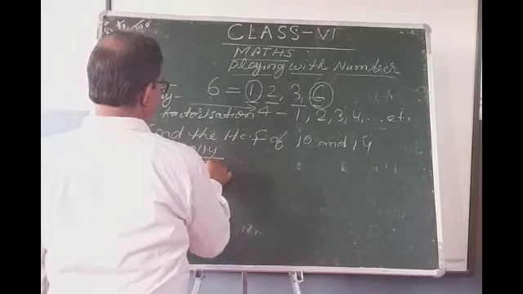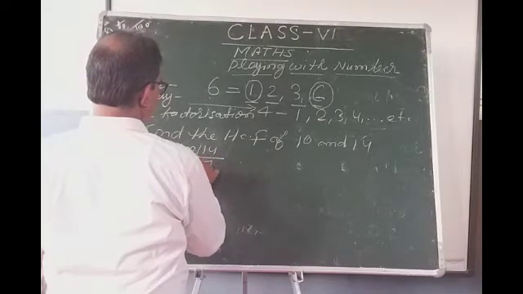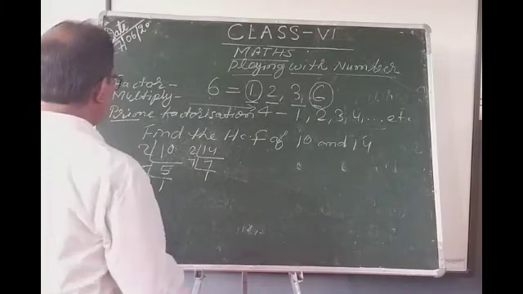Division by 2: 2 sevens are 14, 7 ones are 7.